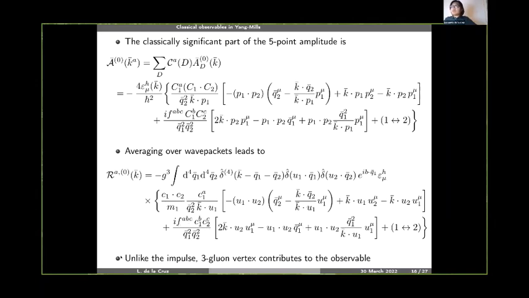So the conclusion is that, unlike the impulse, the three-gluon vertex contributes to the observable if you are considering radiation.